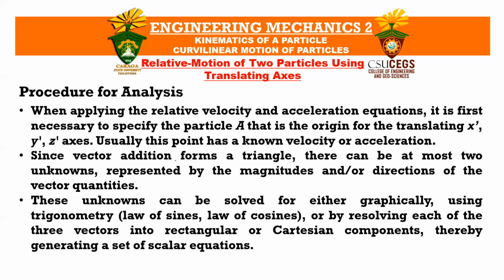This way of solving for the unknowns was discussed in the first topic in statics of rigid bodies, or engineering mechanics 1. In the next videos, I will discuss sample problems about relative motion of two particles using translating axis.